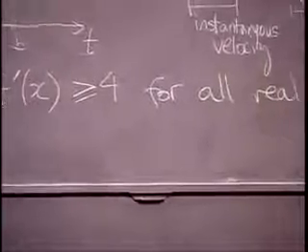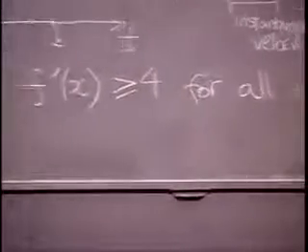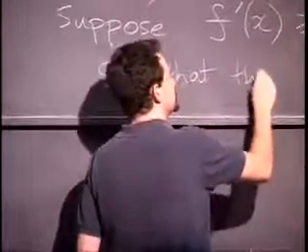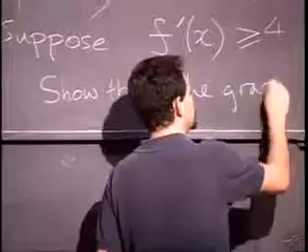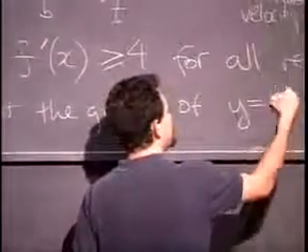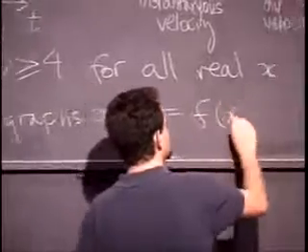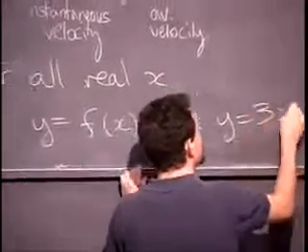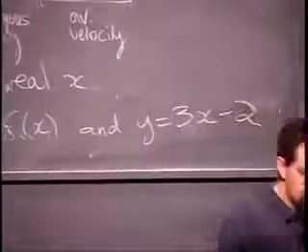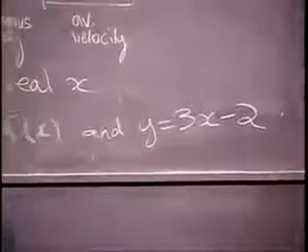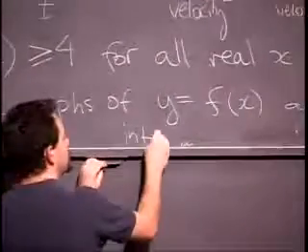Show that the graphs of y equals f of x and y equals 3x minus 2, is it minus or is it plus? It doesn't really matter, but yes, intersect at most once.